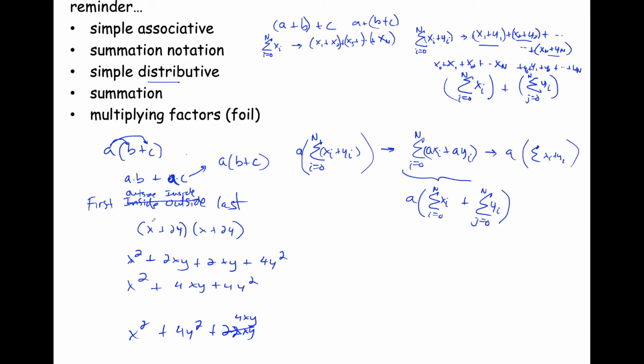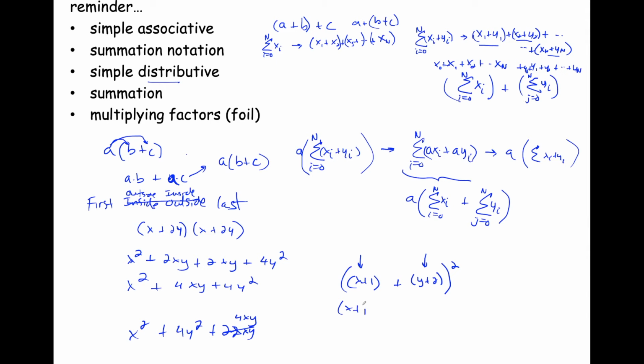And these factors could be something simple like x plus 2y, or it could be something like x plus 1 plus y plus 2, and we say quantity squared. In that case, this takes the place of my first term, this takes the place of my second term.